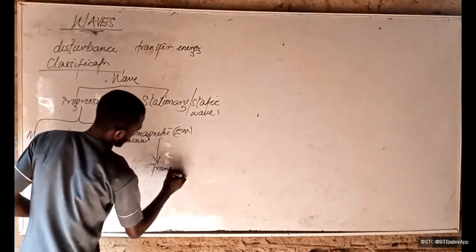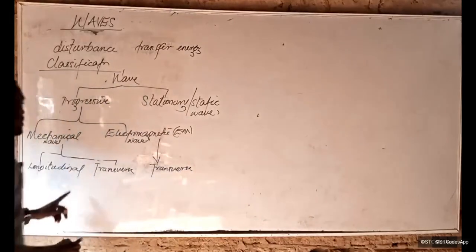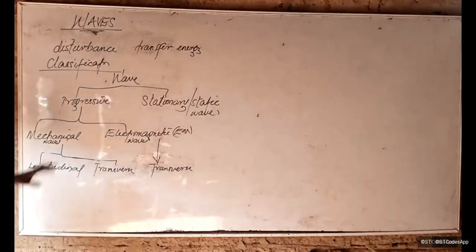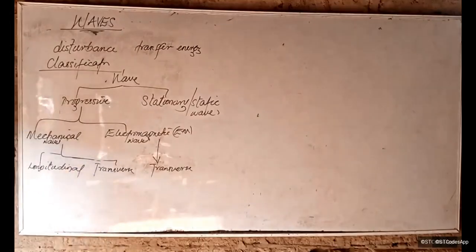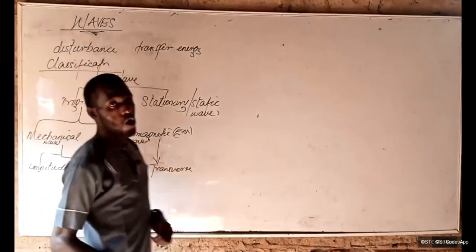EM waves are not longitudinal, but mechanical could be longitudinal or transverse, while electromagnetic waves are almost always transverse.